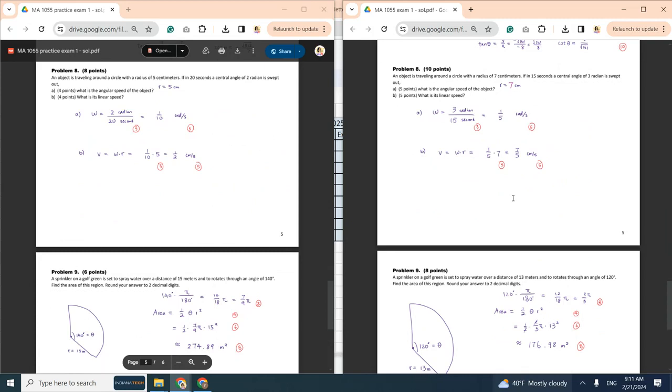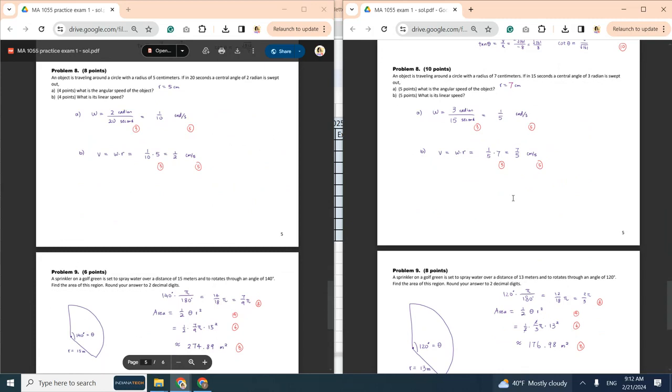So 3 is slightly smaller than pi, and it's not a full rotation. So this is 3 radians over 15 seconds. You do not need to multiply by 2 pi. It's not a revolution. Radian is just the angle measure. It's in the units of radian or degree. Okay, everybody?